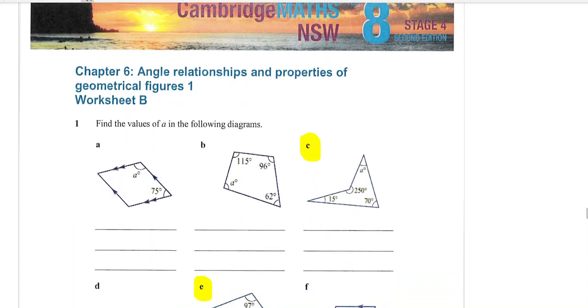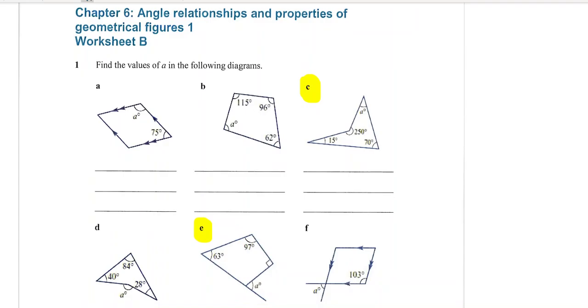Okay, next page, quadrilaterals. Things that have four sides, the angle sum is always 360. Excellent. So let's make an equation for this one, C. A is the pronumeral. I'm going to add on 250, add on 15, add on 70, and that will be equal to 360 degrees because angle sum of a quad equals 360.